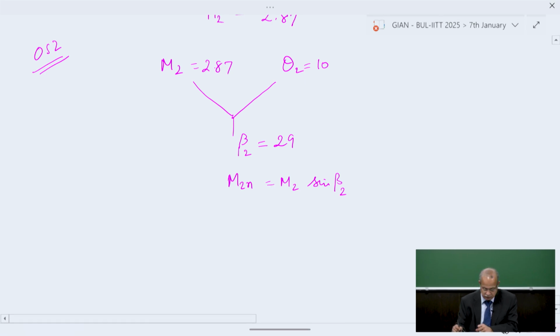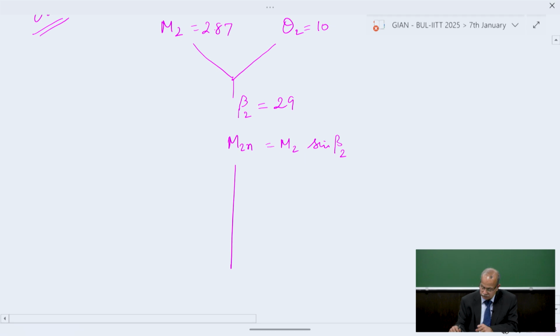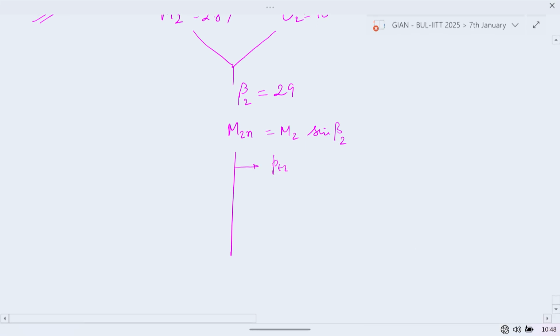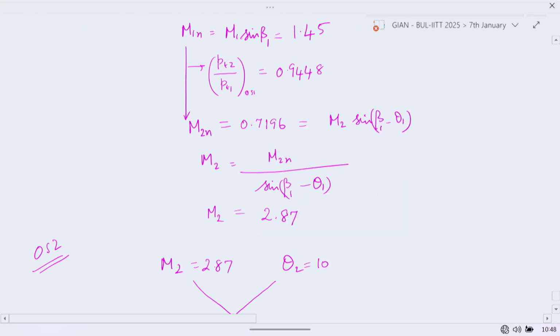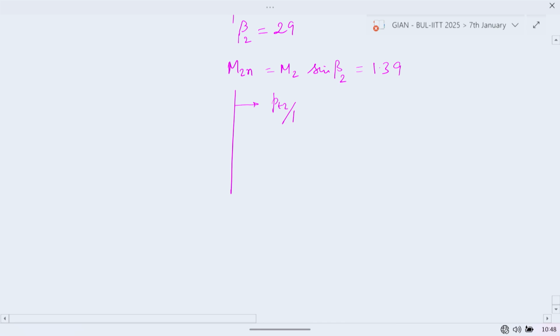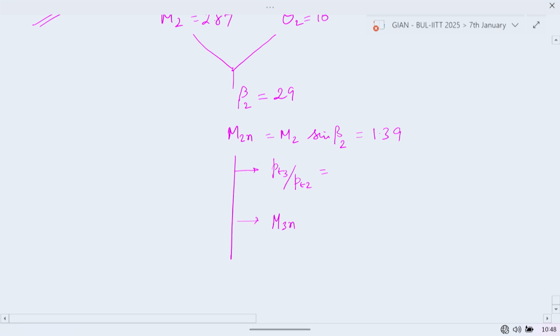What's the value for M2n? 1.39. PT3 by PT2 is 0.9607.